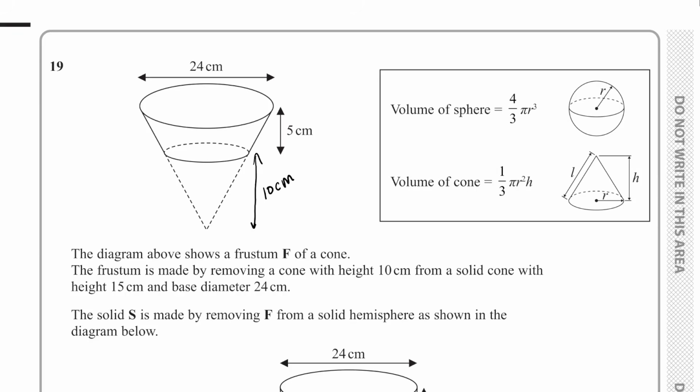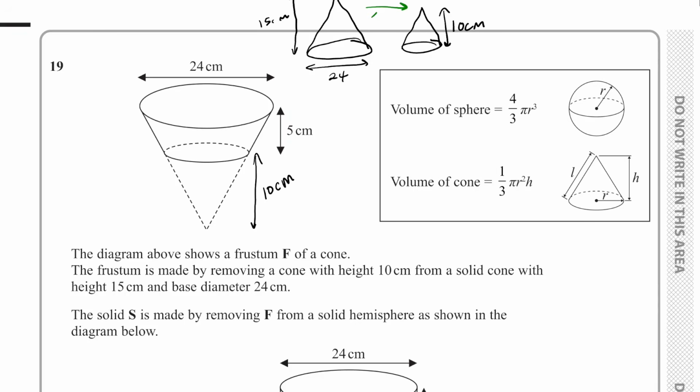We have a big one with a diameter of 24 and a height of 15. And the small one that's been removed had a height of 10. So the scale factor for lengths, to go from the big one to the small one, we times by 2/3.